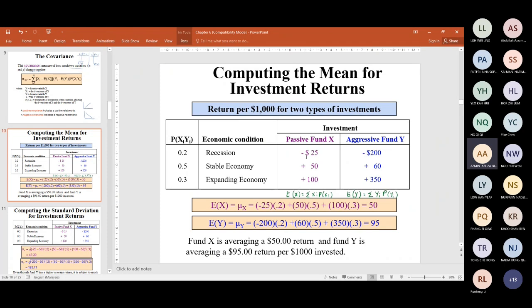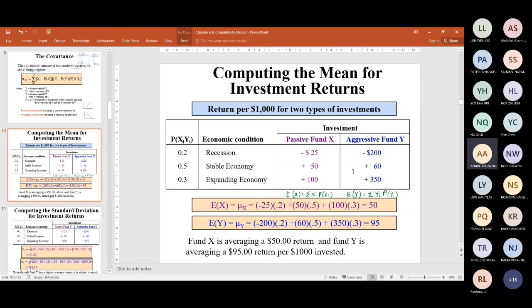So you can see here negative 25 times 0.2, plus 50 times 0.5, plus 100 times 0.3. That's the first one, for E(X). So we get 50.